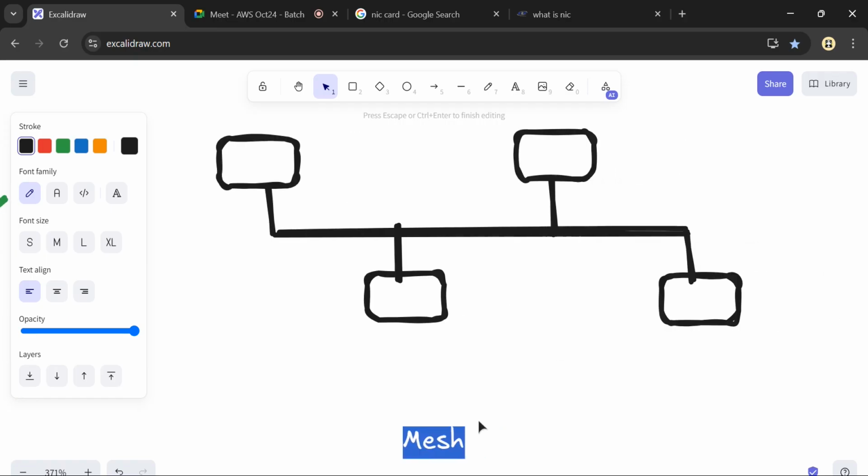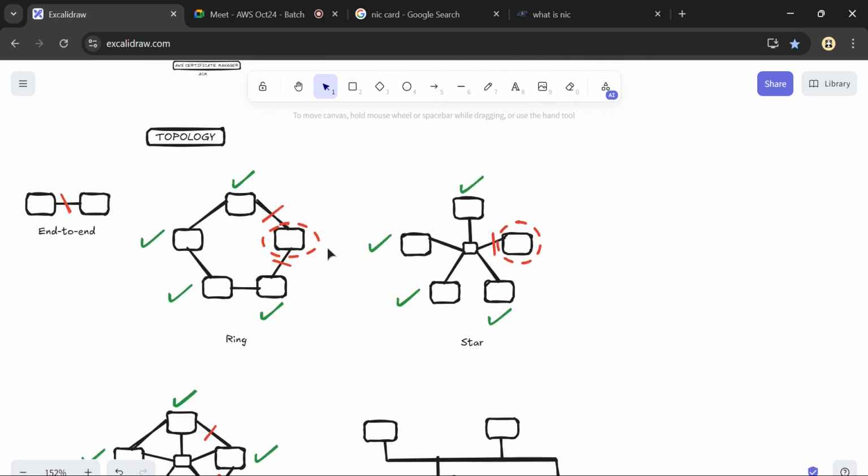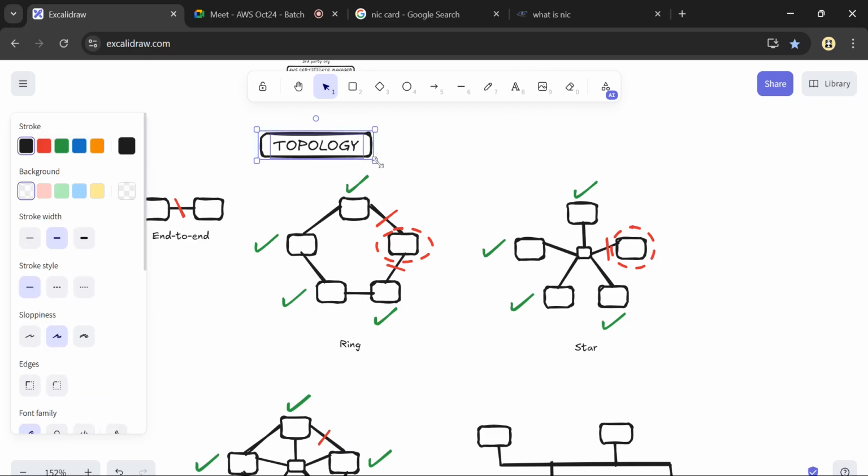This is called a bus. So these are the topologies that are used in networking. So these are the different topologies used in networking.